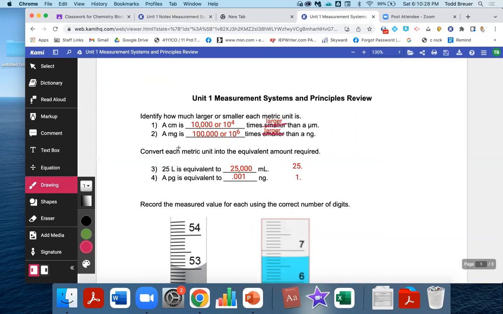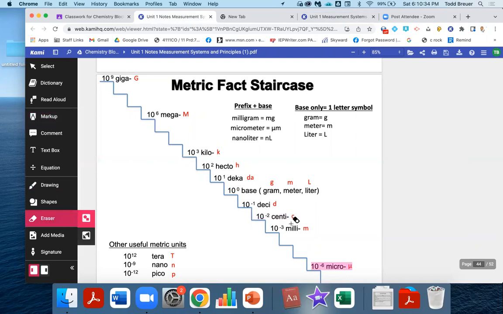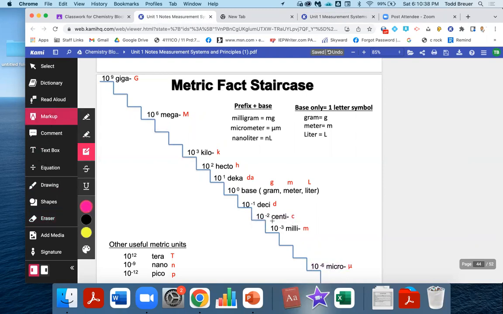Let's take a look at the second example, comparing milligram to nanogram. So milligram compared to nanogram, let's locate them. Milli right here, 10 to the minus 3. Nano didn't make its way on the staircase because nano is a rather small unit. So we can see we are comparing milli at a minus 3 power and nano at a minus 9 power.